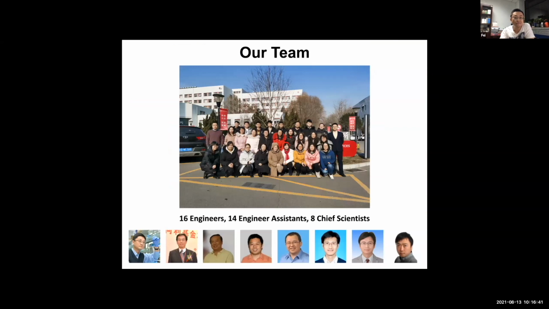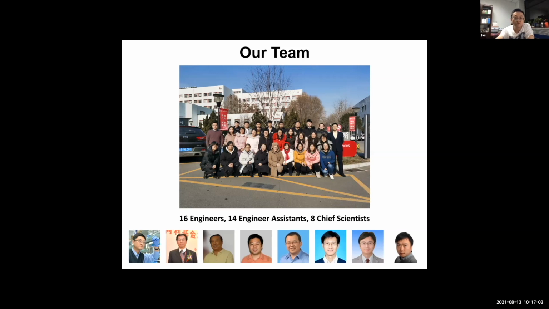Currently we have 16 engineers and 14 engineer assistants, and we also have a couple of chief scientists to help us with strategy and future technology development.